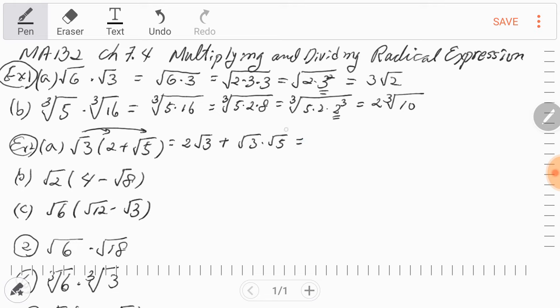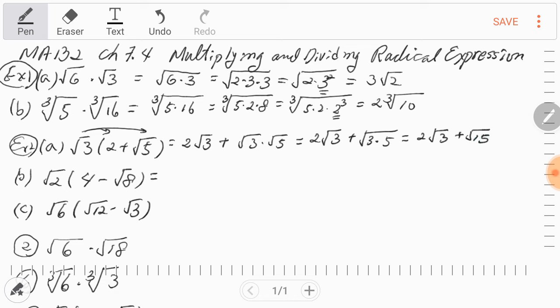These two are like radicals, so we can make a product of the two radicands, 3 and 5. Square root of 3 times 5 is 15, and 15 cannot be a square, so just leave it.